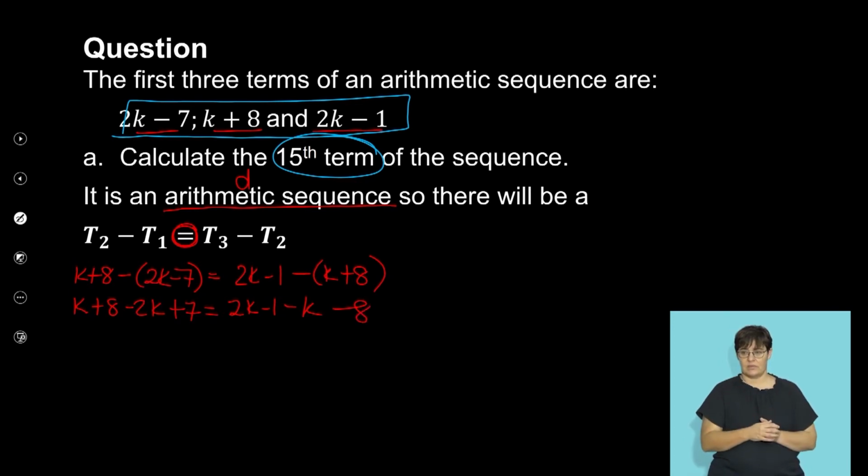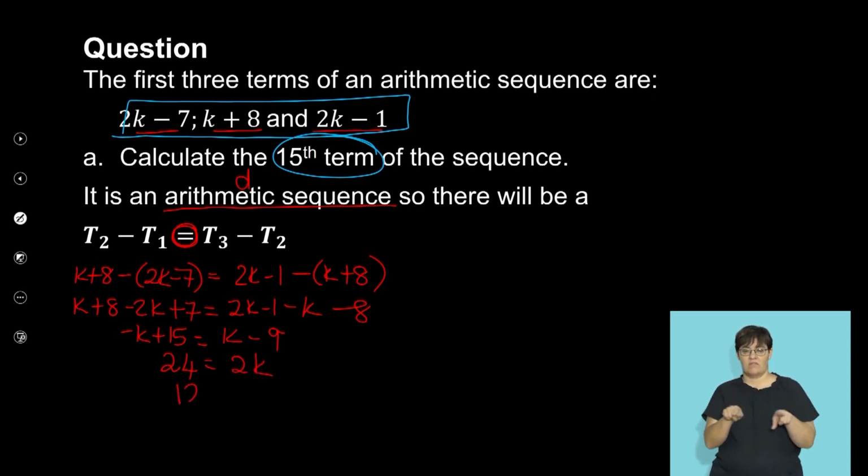Simplifying, I'm going to have negative k plus 15 is equal to k minus 9. Great. And then if I take my 9 across to the left-hand side, I'm going to have 24 is equal to 2k. And this means that 12 is the value of k.